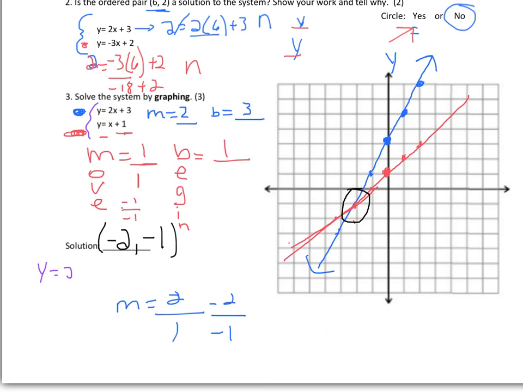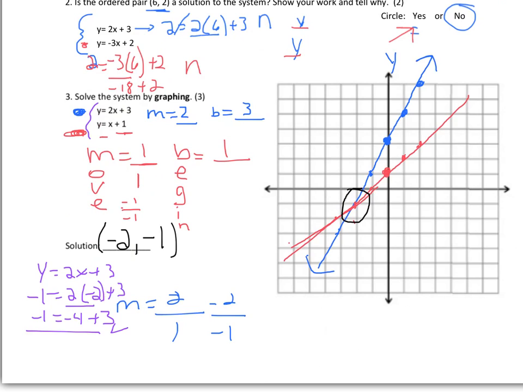Y equals 2x plus 3. So I'm going to plug my negative 1 in for y and my negative 2 in for x. So now to simplify, I have 2 times negative 2 is negative 4 plus 3. That does equal negative 1, so that one is a check.